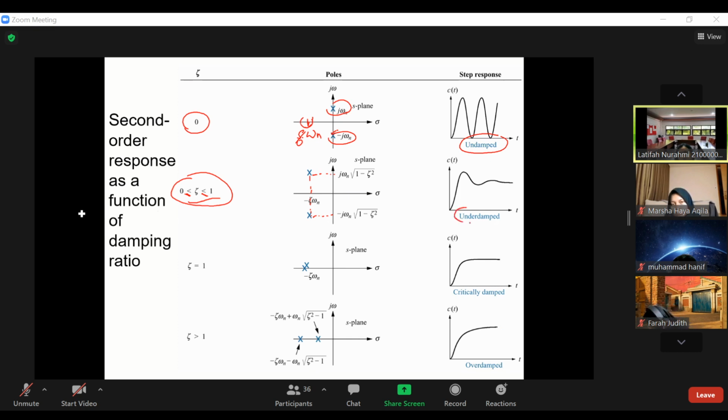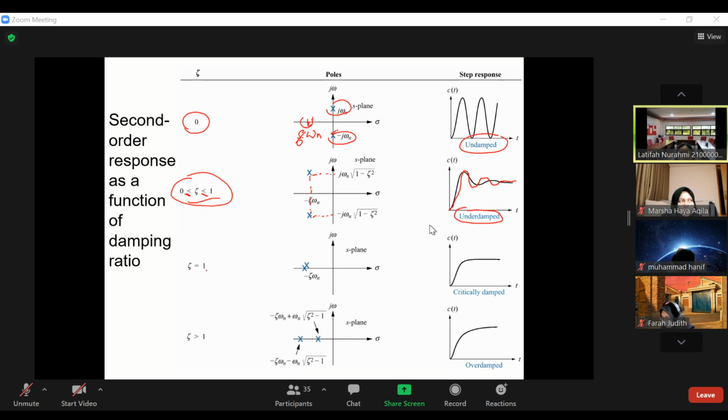This is what we call underdamped. So your system will oscillate quite high, then it will decay. It will oscillate again, but a little bit lower, and finally it will reach stability. In some systems, they like to make it underdamped because, as I told you, it's quite fast, but it still has this oscillation movement.